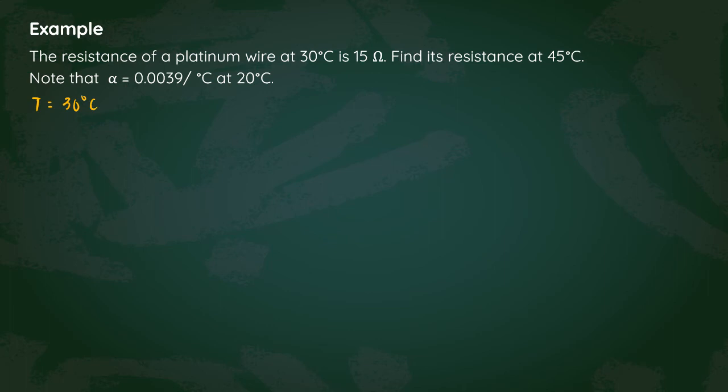Then we have the resistance at 30 degrees, which is 15 ohms. And then we have the temperature coefficient alpha, which is 0.0039 per degree Celsius at 20 degrees Celsius.